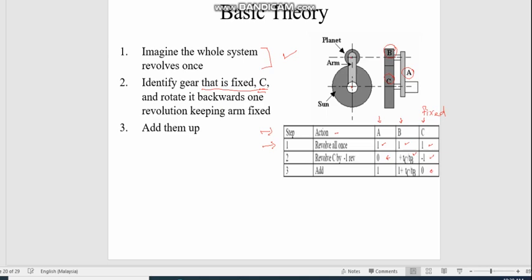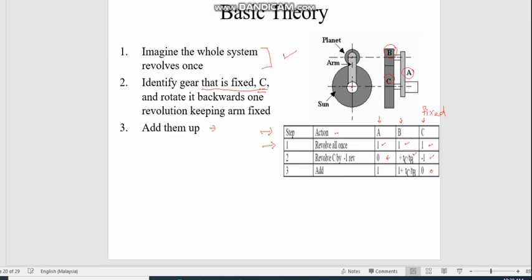Then the next step is to add them up together. Oh, by the way, you have to indicate the relative rotational directions among all the gears. For example, C, just now we rotated minus one, right?